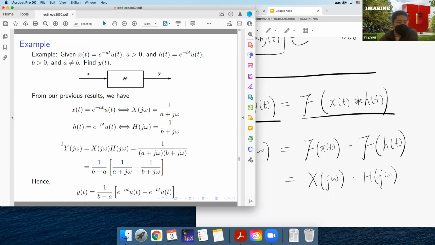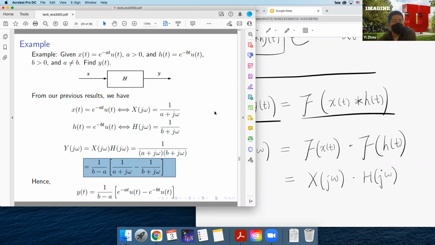And then in the last step, you need to do an inverse transform. So now you have obtained the spectrum of Y, the output, right? So the spectrum of Y is given here. This is a specific spectrum. So all you have to do is an inverse Fourier transform to get y(t). And to do that, we need to actually decompose such a big fraction into two smaller fractions.